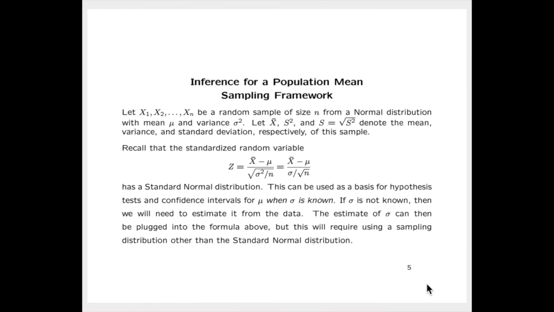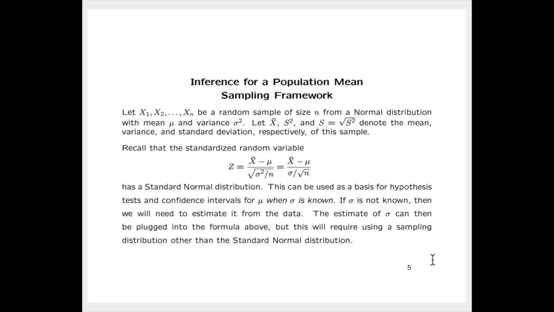Whenever we look at a new scenario, we're going to be discussing the sampling framework that we're operating in. It's very important to understand how a population is being sampled. There are many ways to sample populations, and the way that you sample a population will determine the appropriate method of analysis.